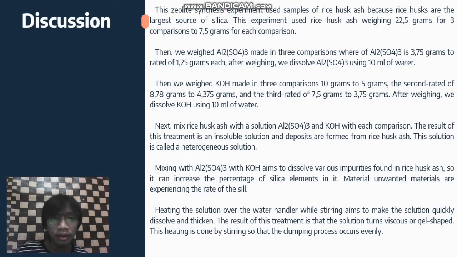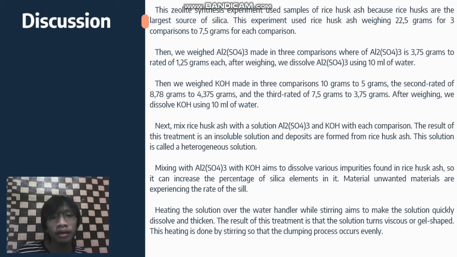This zeolite synthesis experiment used a sample of rice husk ash because rice husks are the largest source of silica. This experiment used rice husk ash weighing 22.5 gram for the comparisons, 7.5 gram for each comparison.